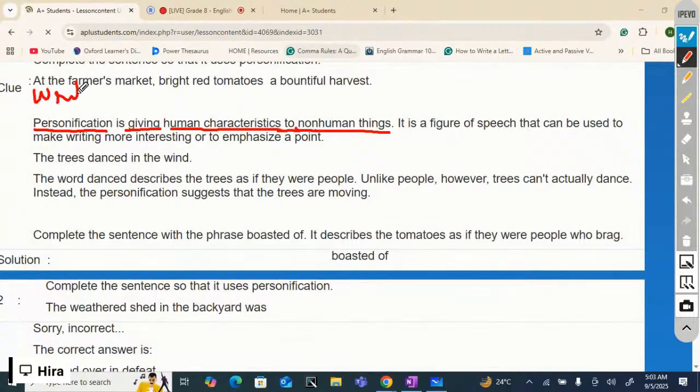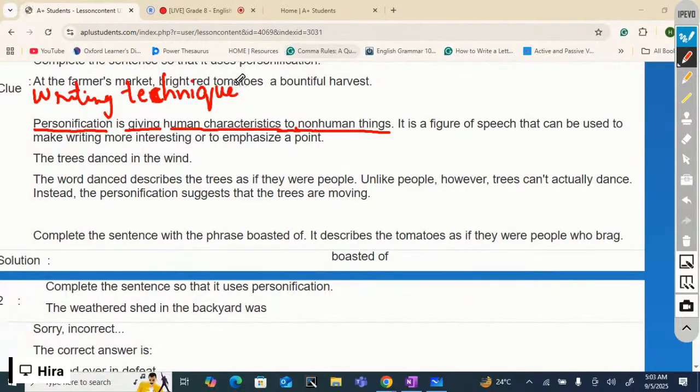Personification is a writing technique, or you can say a writing tool in which human characteristics are given to non-human things. So, this technique of giving human characteristics to non-human things or objects is personification.